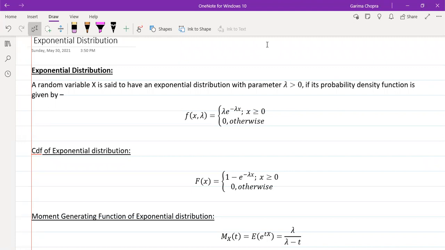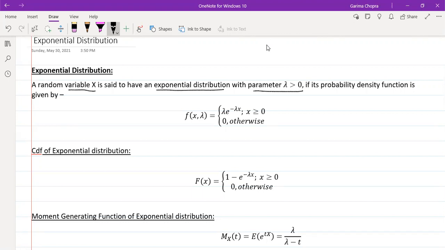So we are assuming here a random variable x. This is a continuous random variable. This random variable x is said to have an exponential distribution. We have one parameter for the exponential distribution, which we are taking here as lambda, and this parameter lambda is greater than 0, if its PDF, probability density function, is given by this function f.